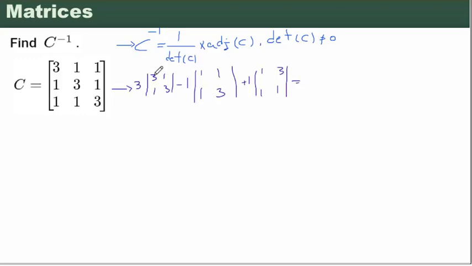So here it gives me 9 minus 1, 8. 8 times 3, 24. 1 times 3, 3, minus 1 would be 2. 2 times negative 1 would be negative 2. Here 1 times 1, 1 minus 3 gives me negative 2 times 1. So the determinant would be 24.